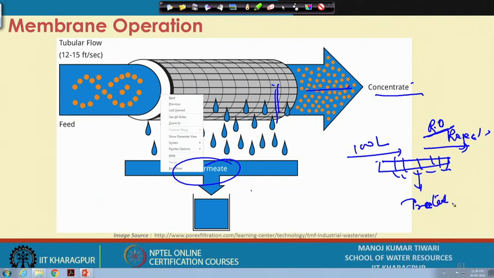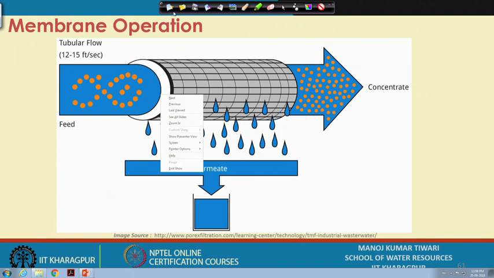It is a simple mass balance, because a membrane does not remove the contaminant completely, it is just removed from the treated portion of the water and passed through with the reject.